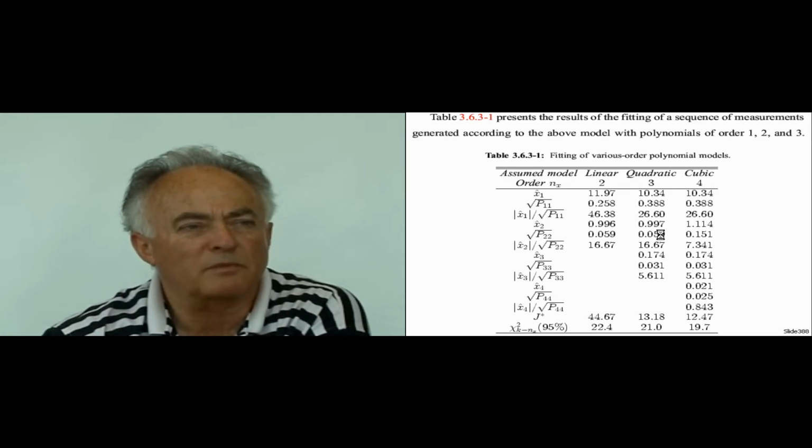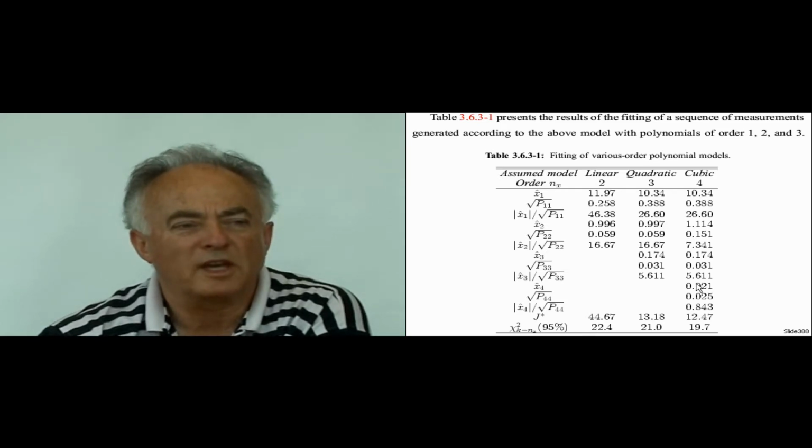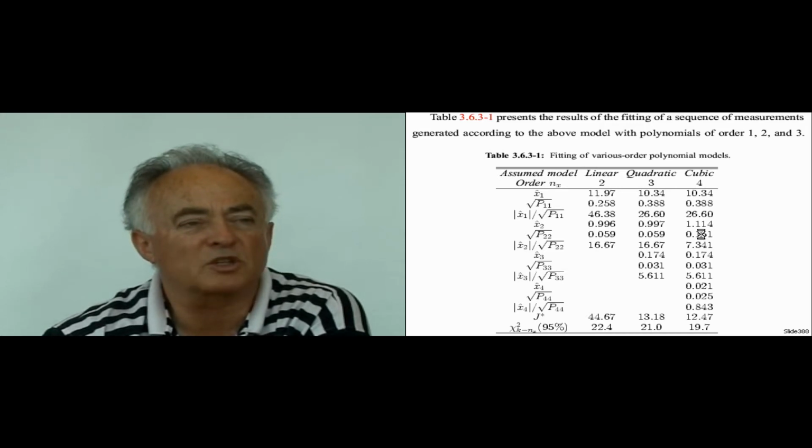Look what happens. The quality of the velocity estimate, the standard deviation, has gone up by a factor of 2.5. We added the fourth parameter, and we pay for it in a degradation of the quality of the estimate of x2.